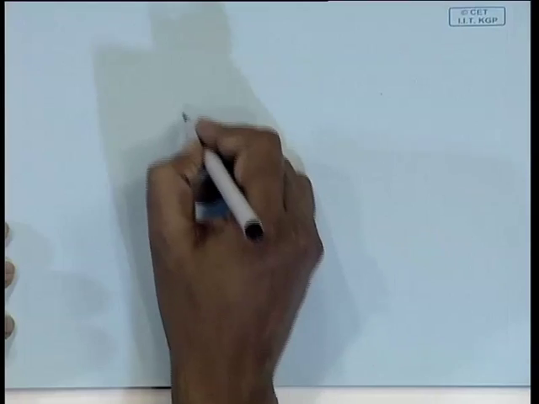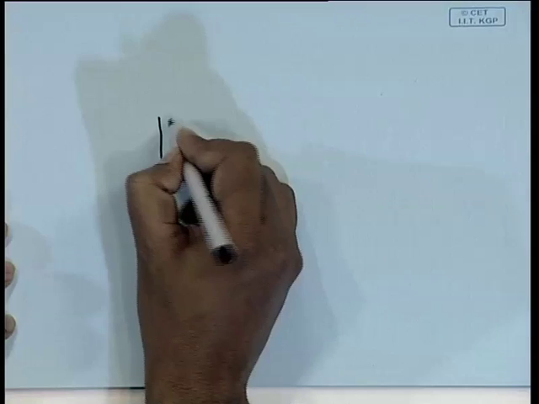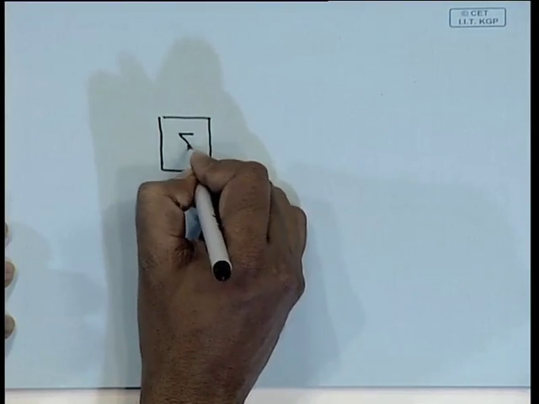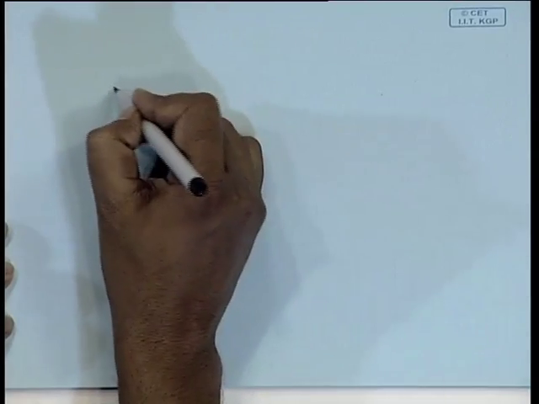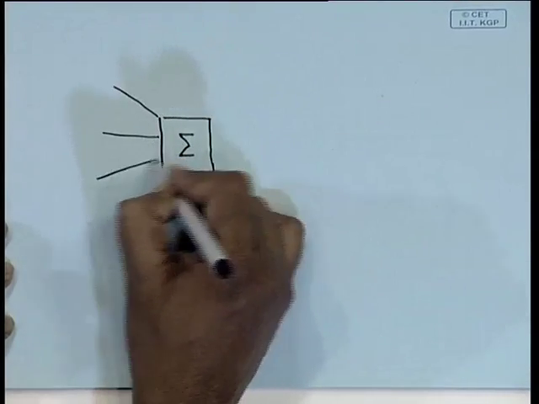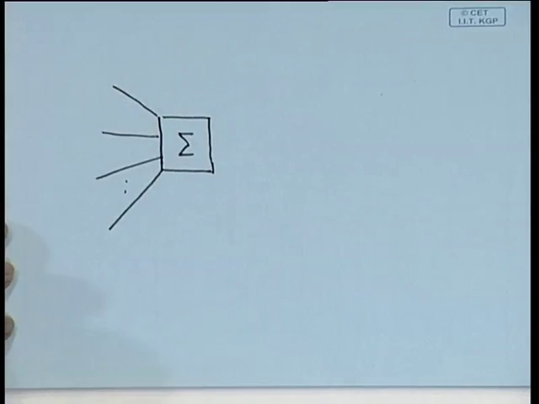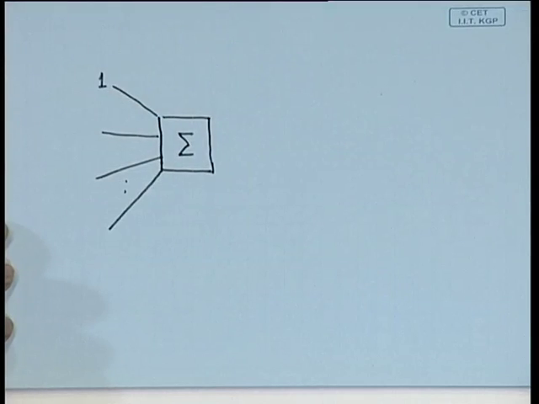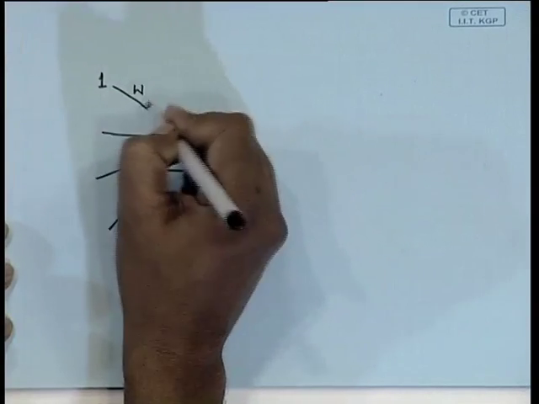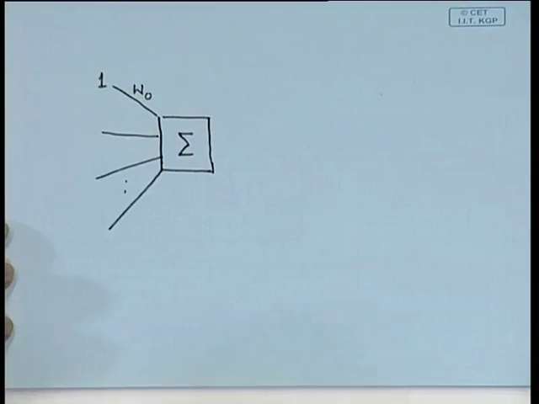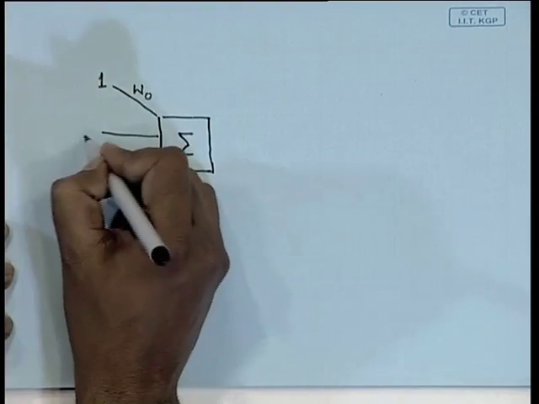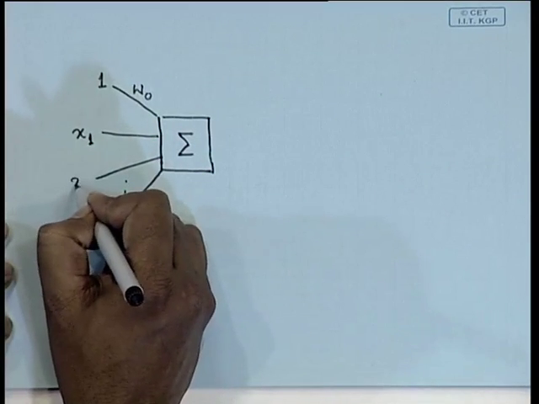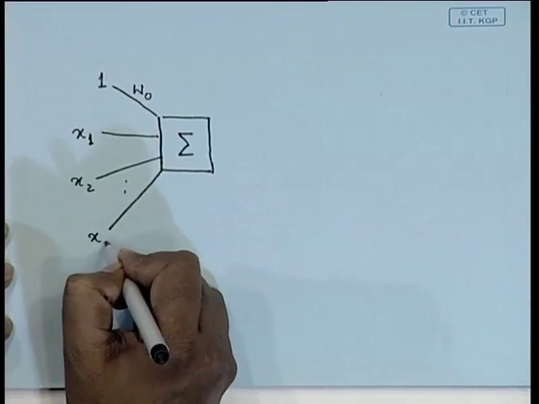Let me draw the same neural model, where I have this addition and I have different inputs. One of the inputs I can put equal to 1 constantly, and the weight given to this corresponding input can be w0. Whereas to the other inputs, I have the different components of the feature vector, that is x1, x2 up to xn.